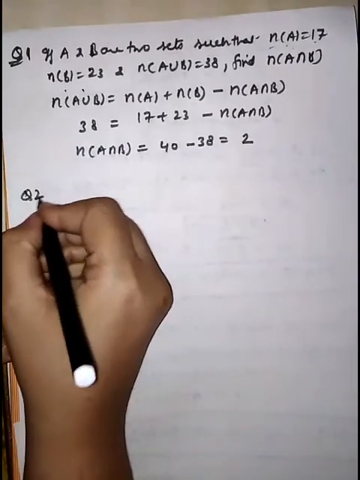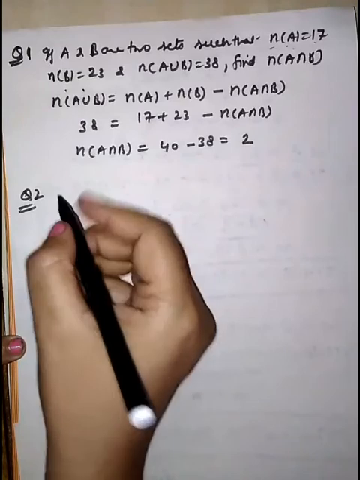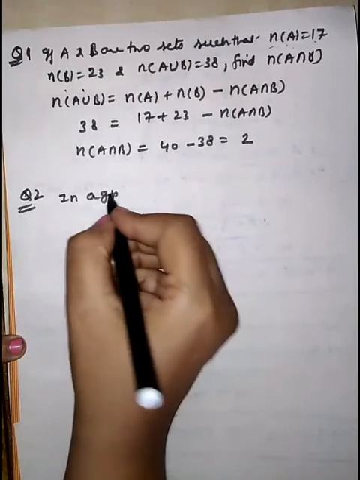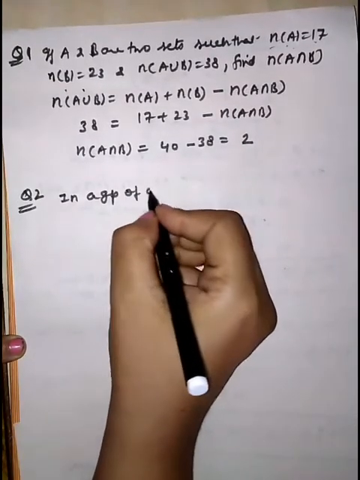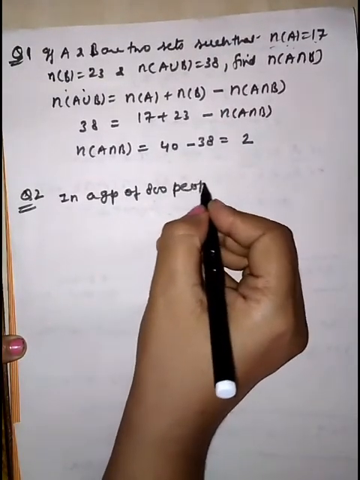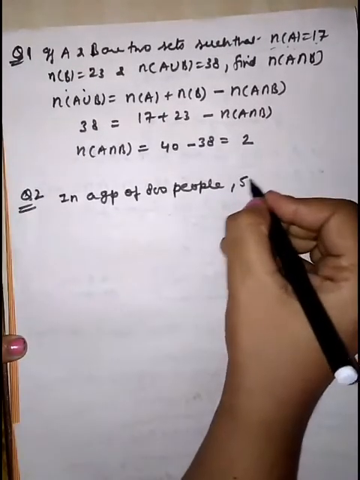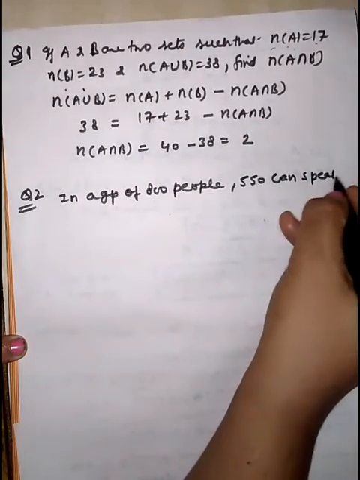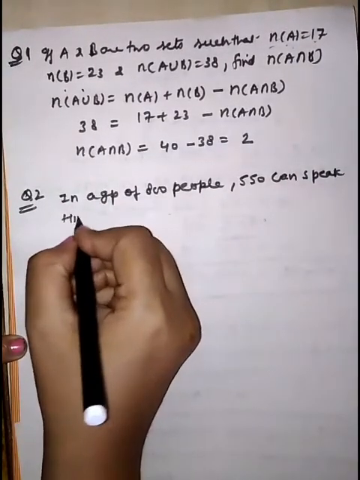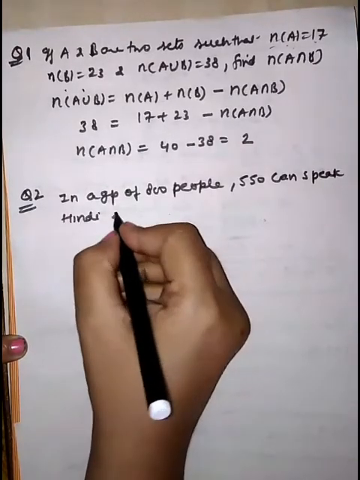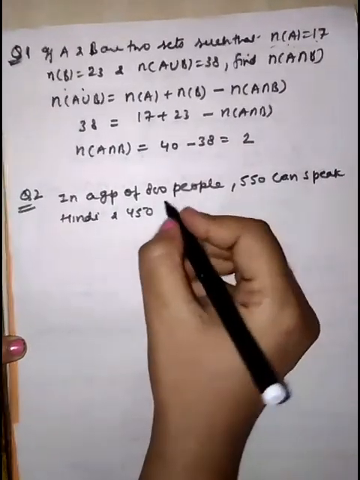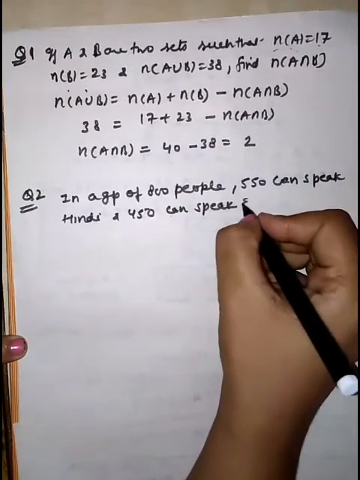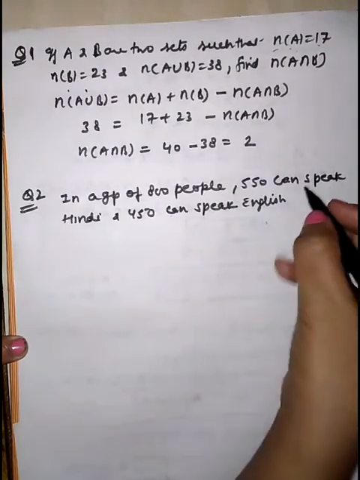Now taking a second example, in language form. In a group of 800 people, 550 can speak Hindi and 450 can speak English.